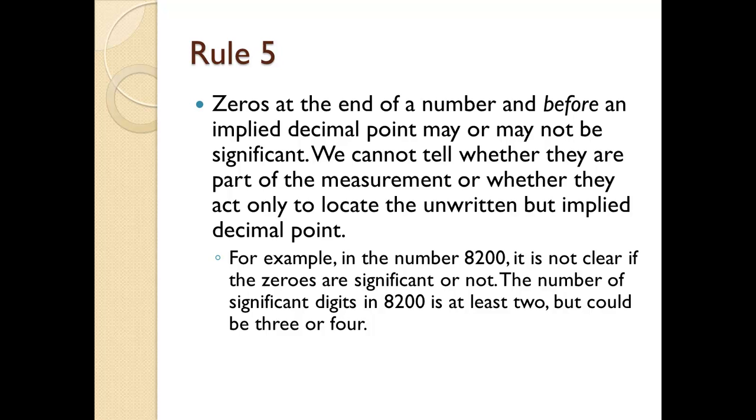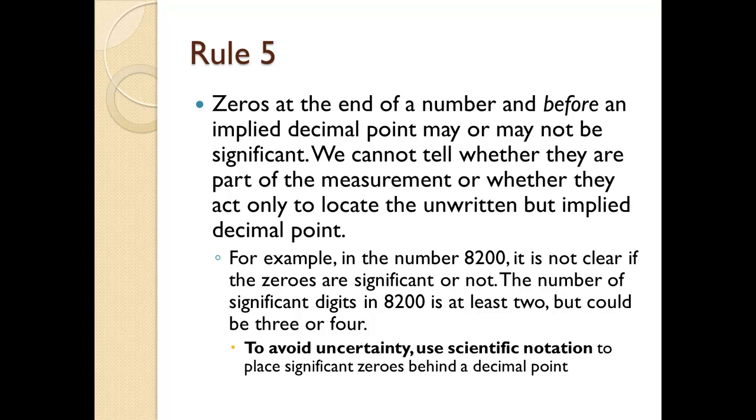We know that there are at least 2 significant numbers, but technically it could be 3 significant figures or even 4. To definitely say that this number has 4 significant figures, it should be written as 8200 with a decimal point. So you should put that decimal point. But as it is, since there is no decimal point stated at the end, we can justify that there's at least 2, but keep in mind that it can be 3 or 4.